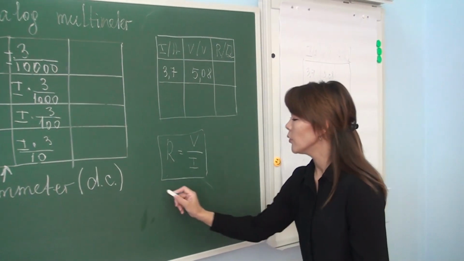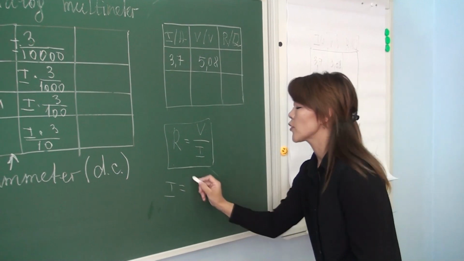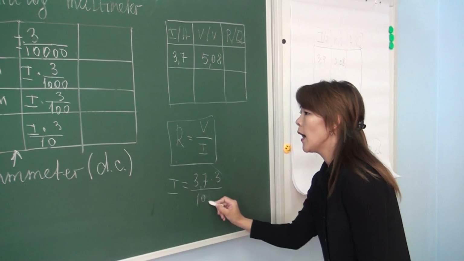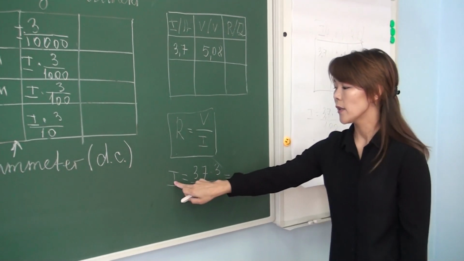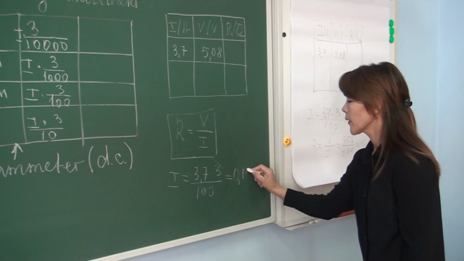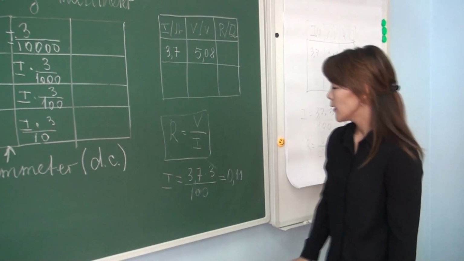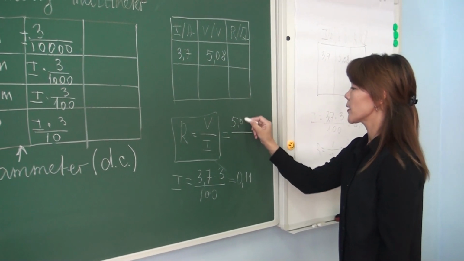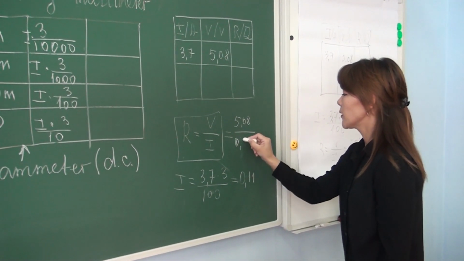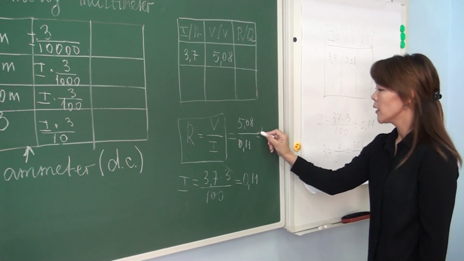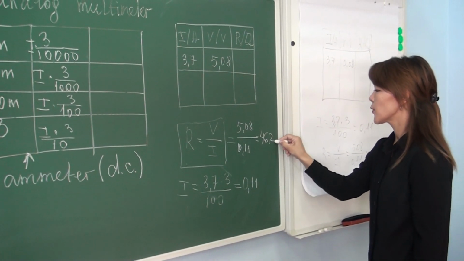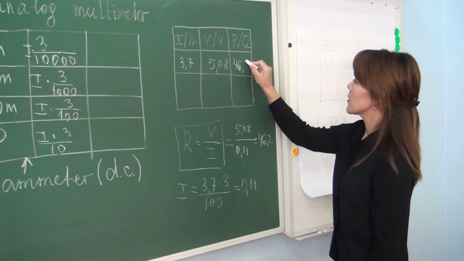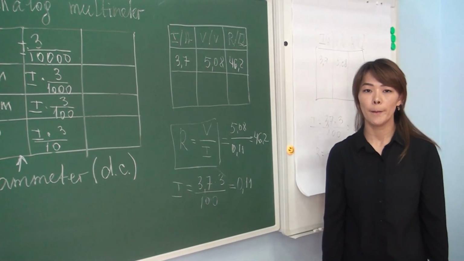So we multiply 3.7 by 3 and divide by 100, so the value of current is 0.11. Next, put in this equation: 5.06 divided by 0.11 equals 46.2. So the resistance of the resistor is 46.2 ohm.